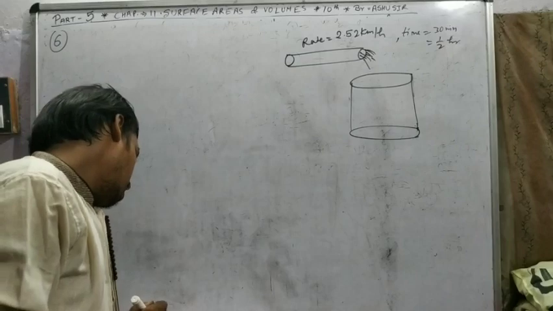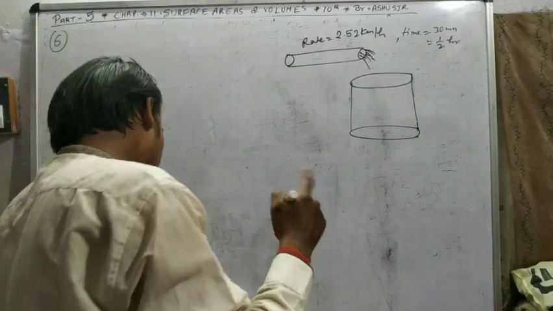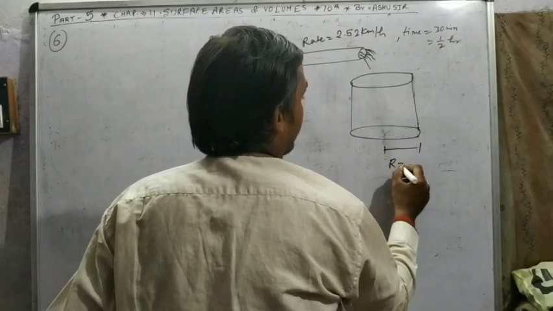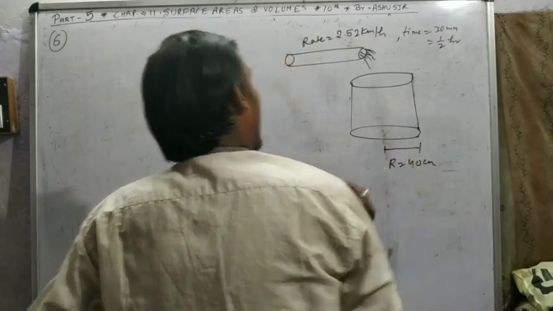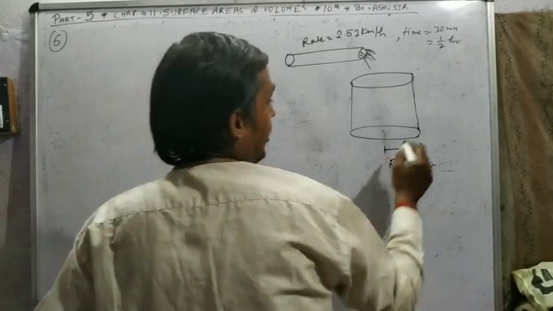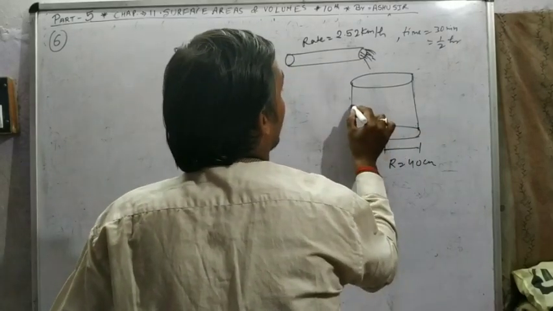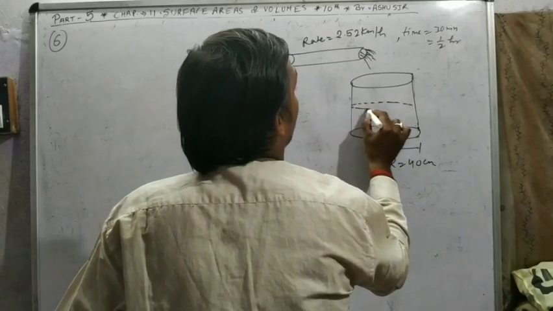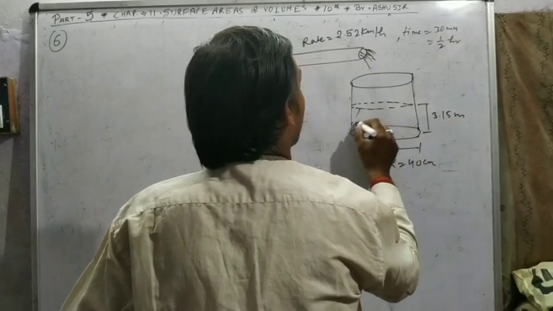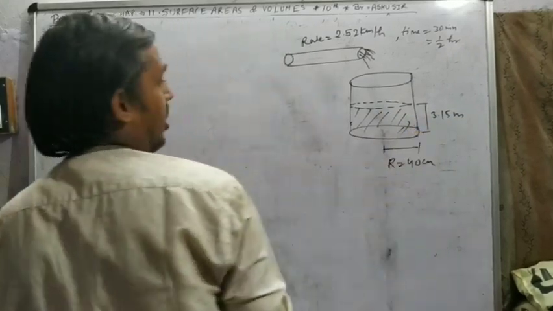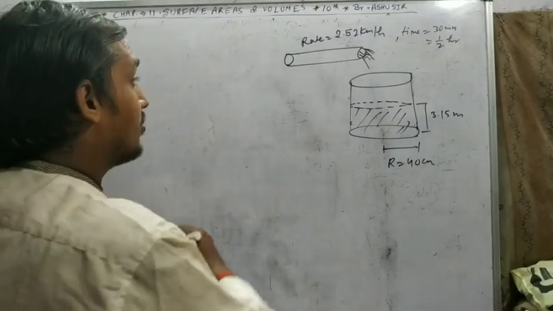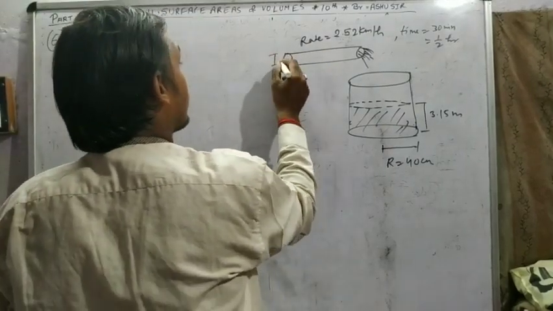In the cylindrical tank whose base radius is 40 centimeter, the water level rises by 3.15 meter. Suppose that if we fill the water here, so this is the level of water, 3.15 meter in half an hour. So what is the diameter of this pipe?